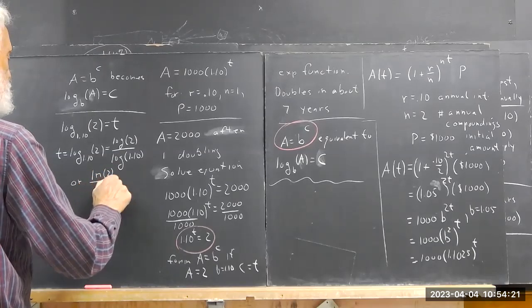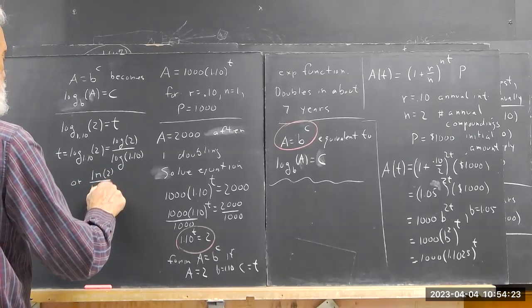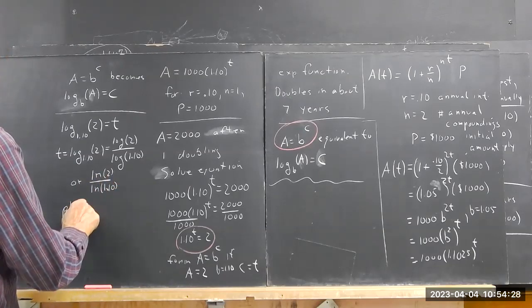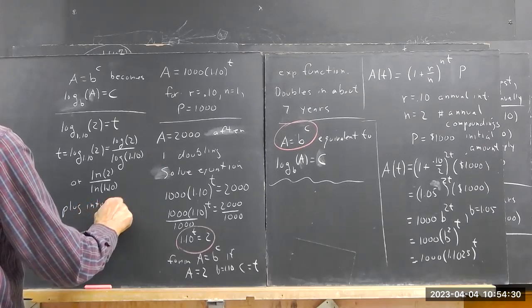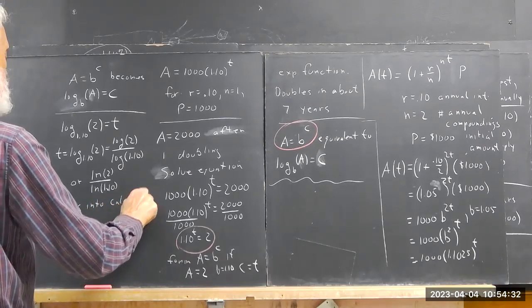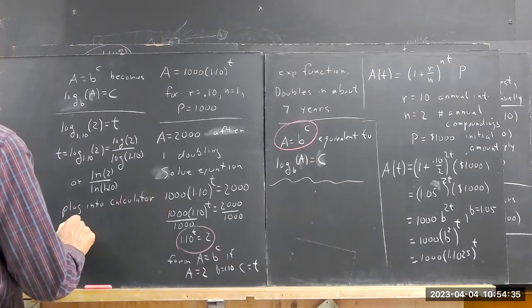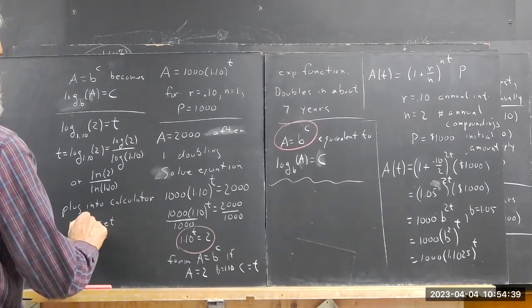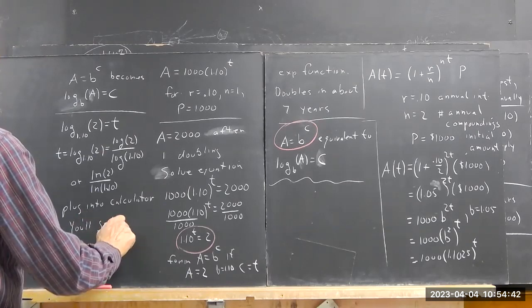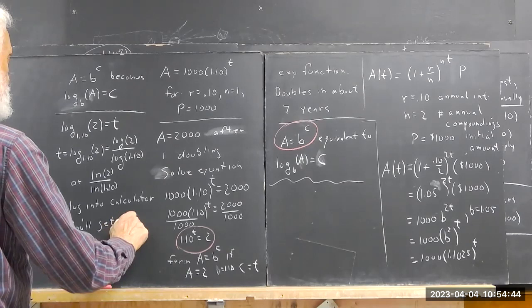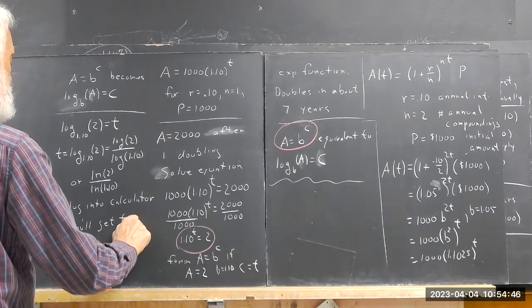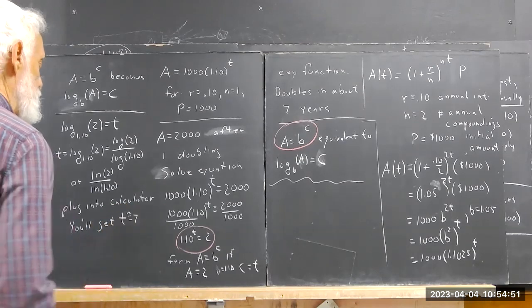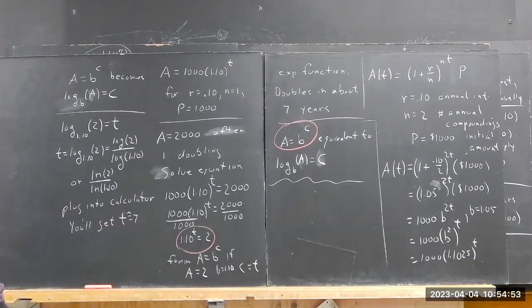Doesn't matter which log you use, as long as you use the same one for both. Get a T that's close to 7.